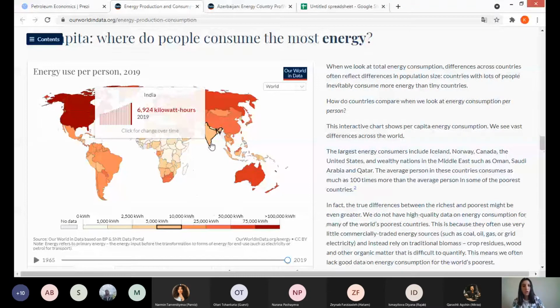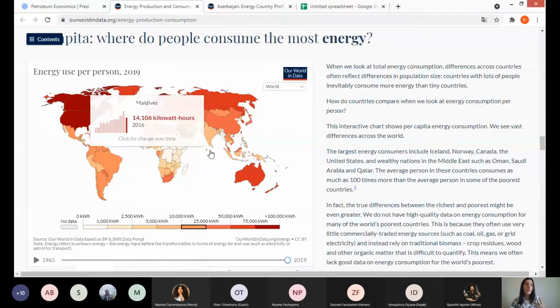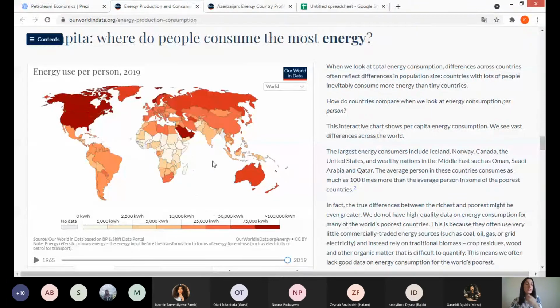So the world cannot quantify such energy. That's why here you can see a low level of energy consumption, but actually it's more than this. According to this data, it's all about the consumption of fossil fuels or renewable energies.